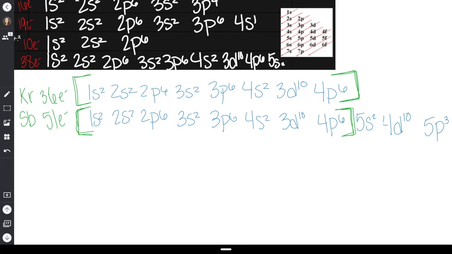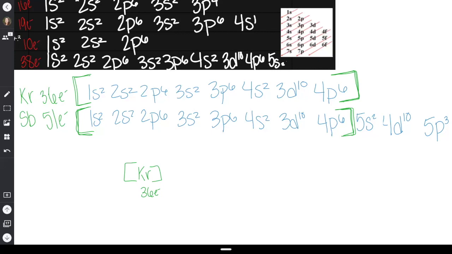So this seems kind of redundant to keep writing it, right? So for those of you who are like, why do I keep writing this? It's the same thing over and over again. Guess what? There's a shortcut. Wouldn't it be a lot easier to, when we're writing antimony, to say, hey, it looks just like krypton, which is going to abbreviate the first 36 electrons for us.